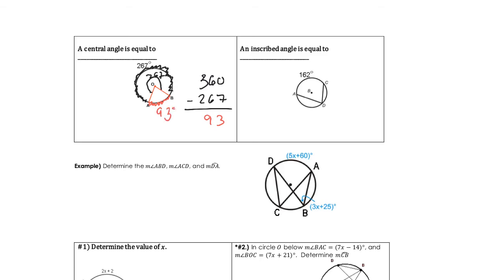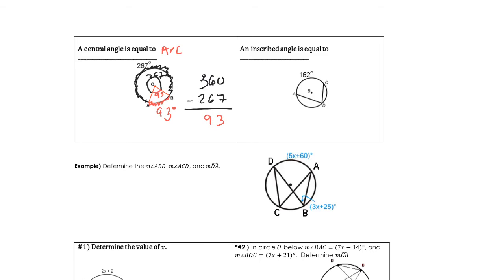So AB is 93 degrees. And that means that central angle here is also 93 degrees. So central angle is equal to the arc that it intersects.